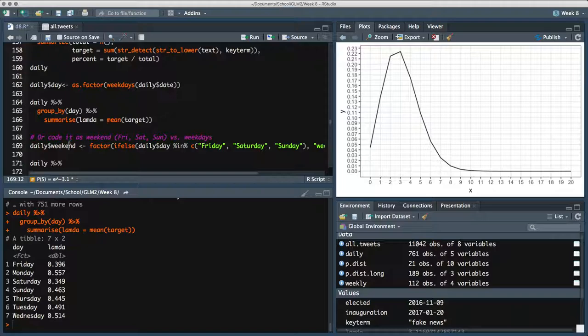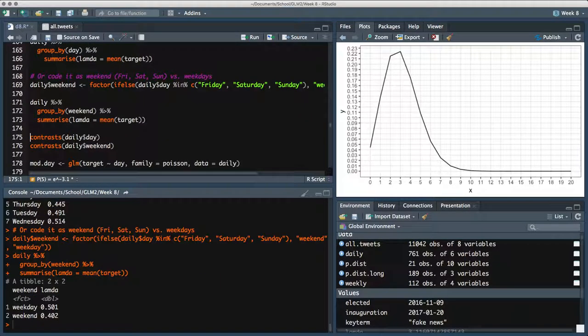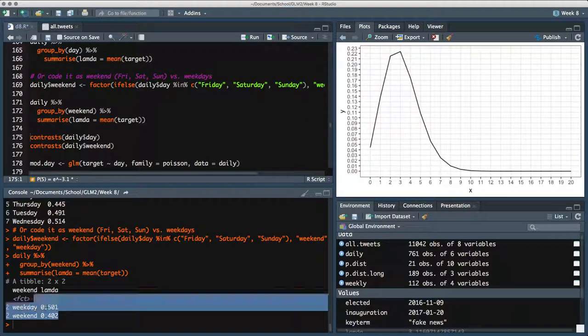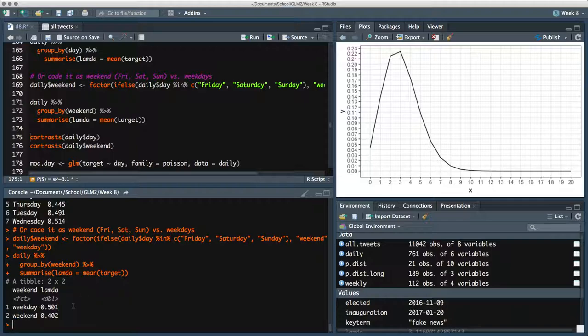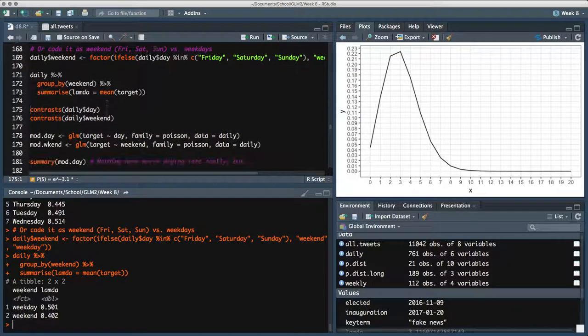Here I'm coding it so that if it's Friday, Saturday, or Sunday, it's a weekend, and otherwise a weekday. And we can see it's about a 50% chance on a weekday, and only about 40% on weekends that he does this.